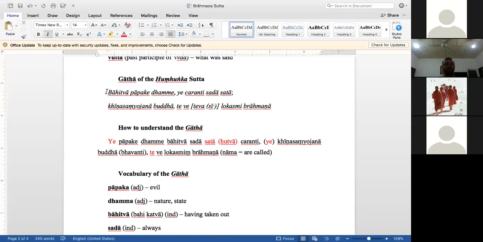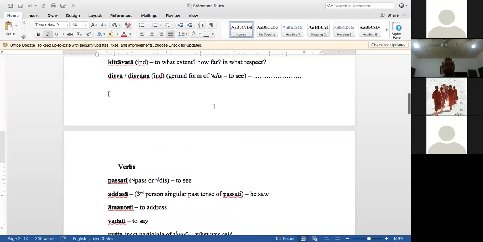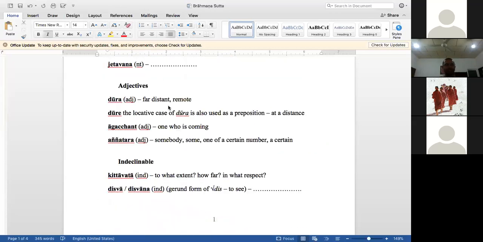The question was raised by a monk who had been ordained from the Brahmin clan, so the Buddha clarified his doubts by giving this explanation. That's what I want to share today.